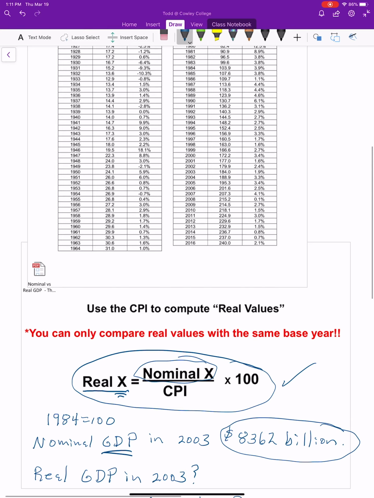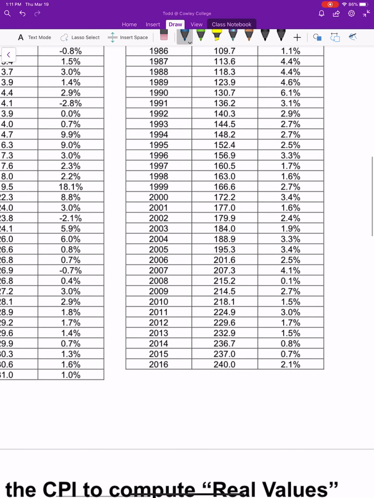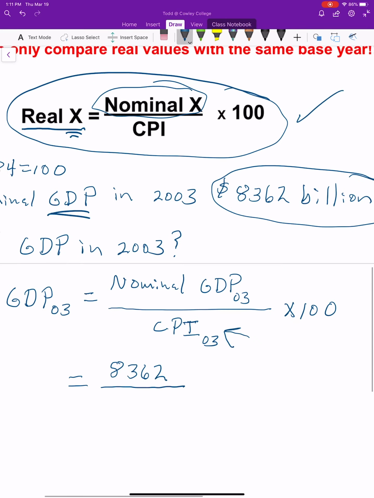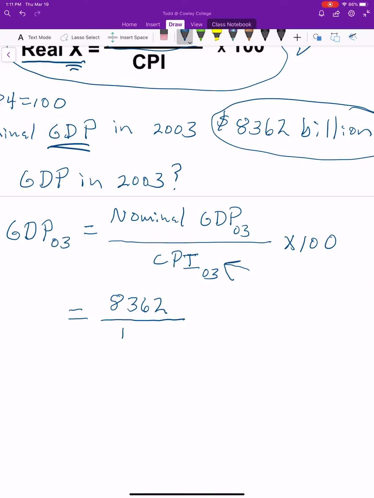So we're going to go back to our sheet and find the consumer price index in 2003, which is this number right here, 184. So we come back down here and plug in the number 184, and then do not forget to multiply it by 100.